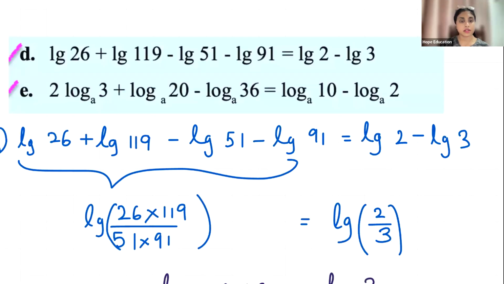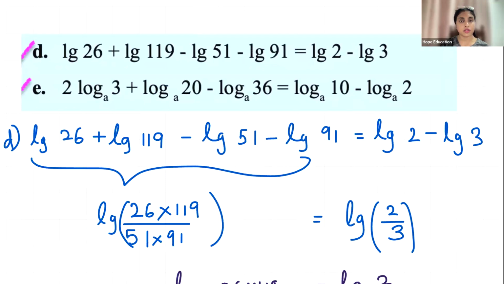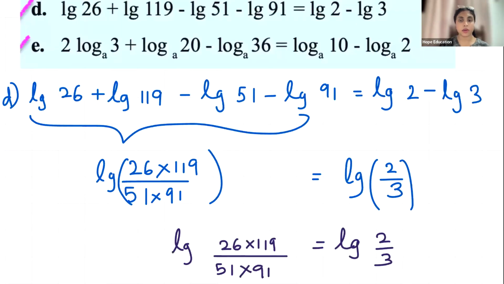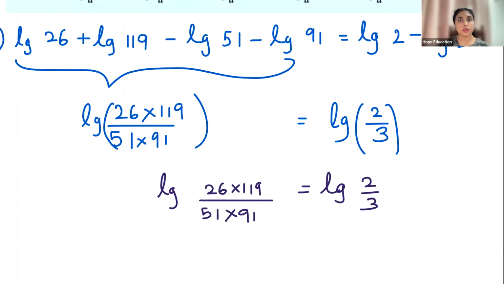What do we have here? 26, 119, minus 51, minus 91. 26 and 51 don't cancel. Then 119, 51, 91, we can't see anything properly getting cancelled, no? So we will first of all do the multiplication and see.